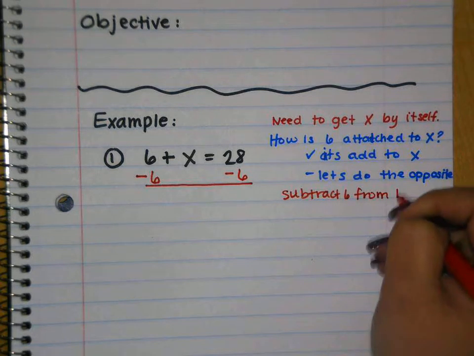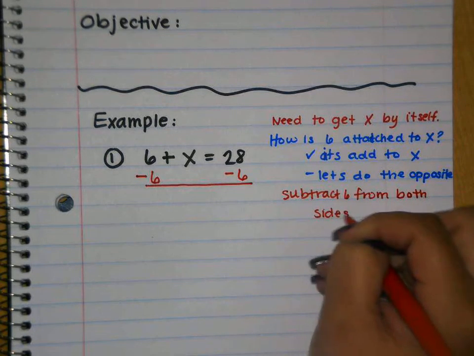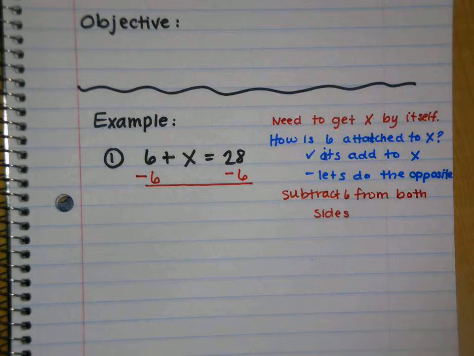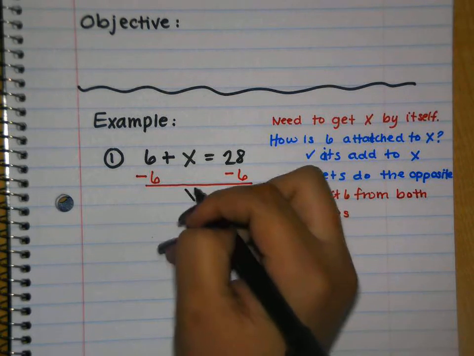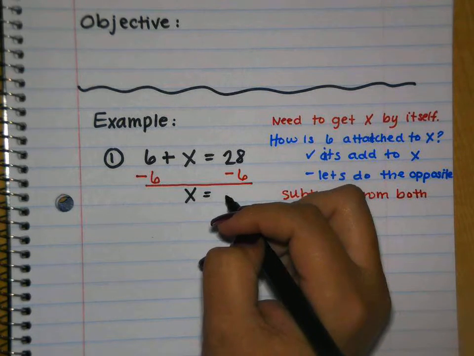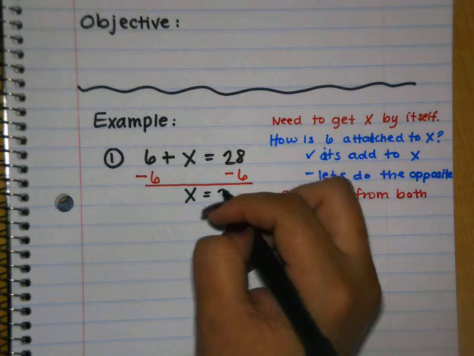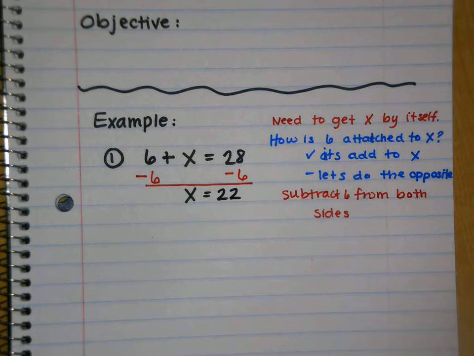Okay, and then that'll leave us x by itself, and that will leave us 22 on the other side. So our answer is x equals 22.